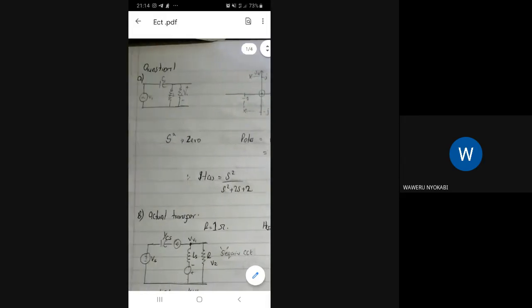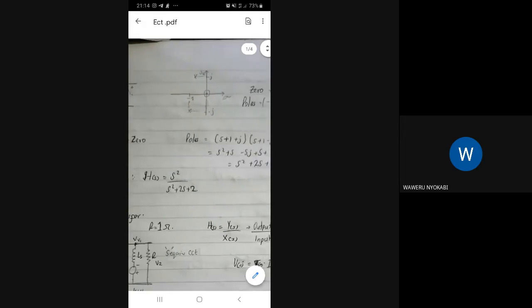Now the zero is 0. So therefore it's not s plus something, it's just s. Why we picked s squared, I'm not so sure, but I believe it's because we can't pick s, as I have a feeling that the power of the numerator should be equal to the power of the denominator.